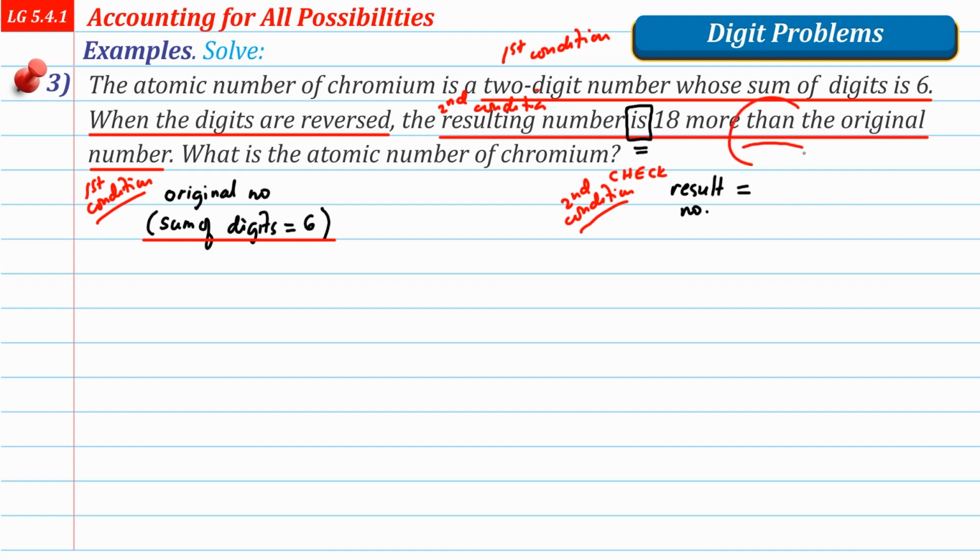Anong ibig sabihin na nga ng dan? What will you do? Conversion. Flip the position. When you say 18 more than, it's plus 18. 18 more than what? The original number. So, the resulting number equals 18 more than the original.